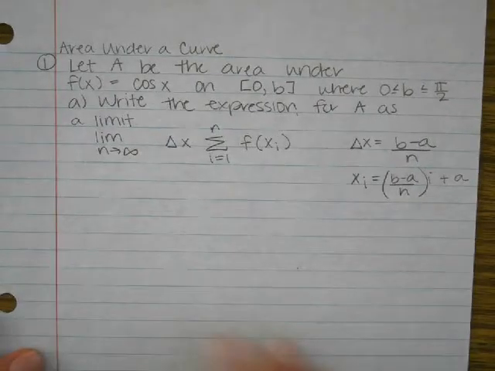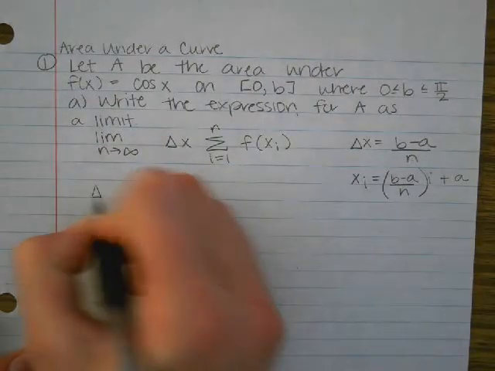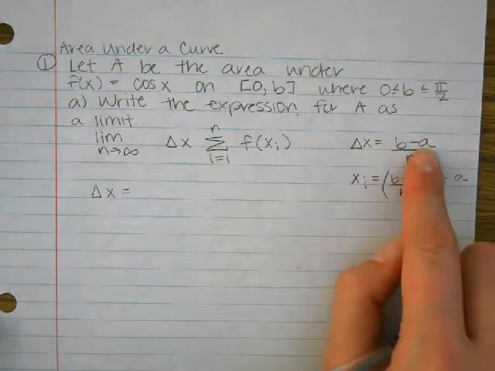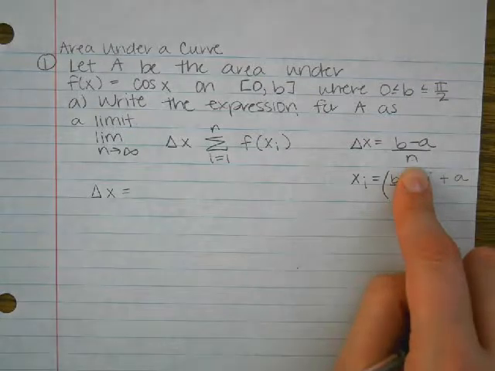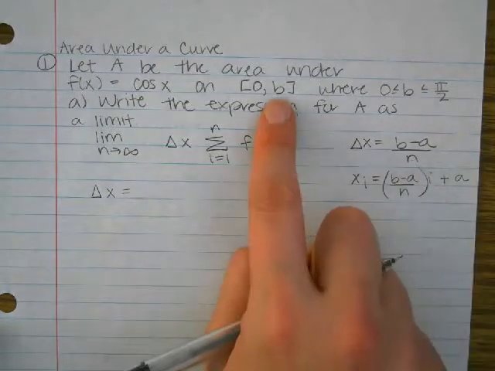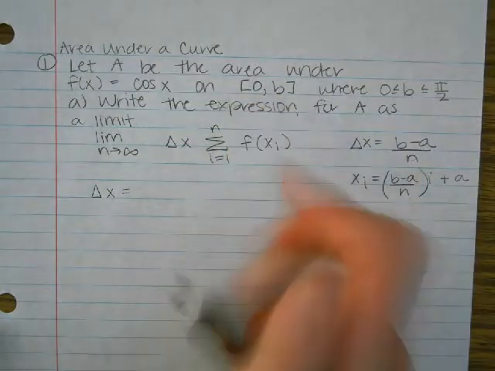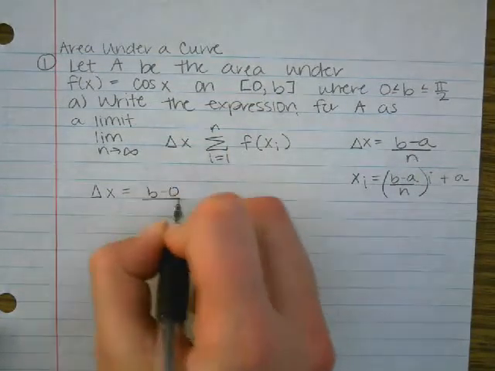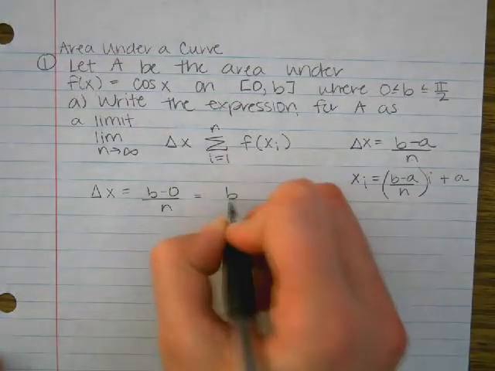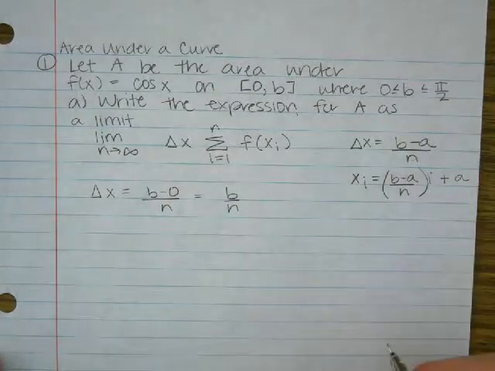Okay, so first let's figure out our delta x. We get that when we do b minus a divided by n, and we will actually use the letter n if they don't tell us how many rectangles to make. In this case, they don't. They just say, write the general formula. So we're going to say b minus 0 divided by n, and if you simplify that, that's just b over n.